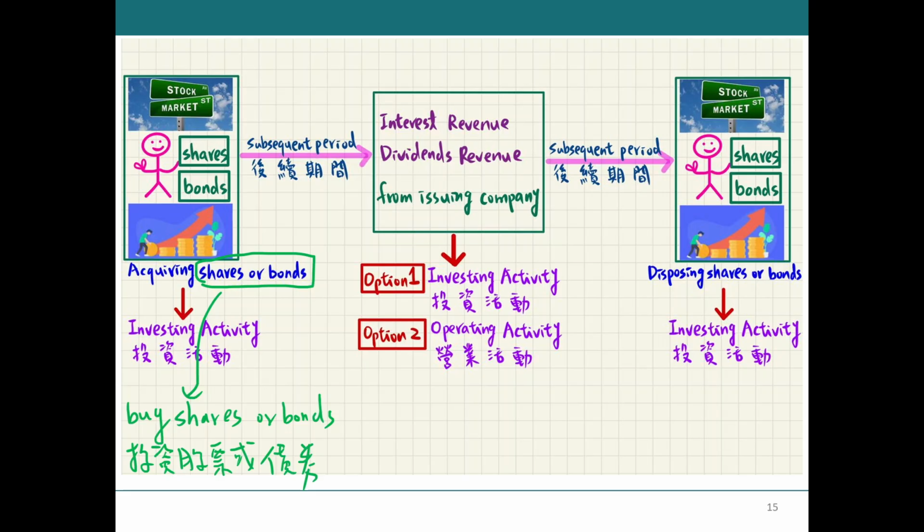Okay, don't forget, you buy it is investing. You sell it also is your investing, right? Because you try to earn the gain, earn the profit, the price difference.